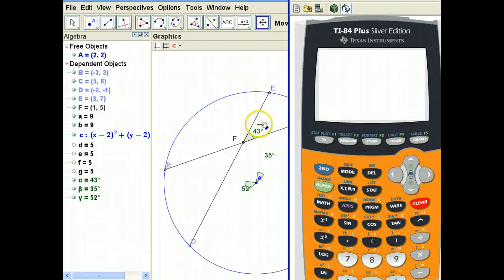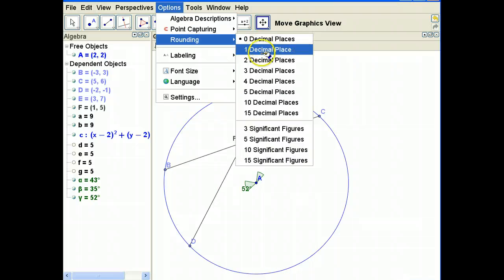And sure enough, if you take that top arc measurement, which is 35 degrees, and you add it to the bottom arc measurement, which is 52 degrees, we get 87 degrees. And if you take half of that, we'll get to 43. Now there's rounding, so let me take GeoGebra and do 1 decimal place.